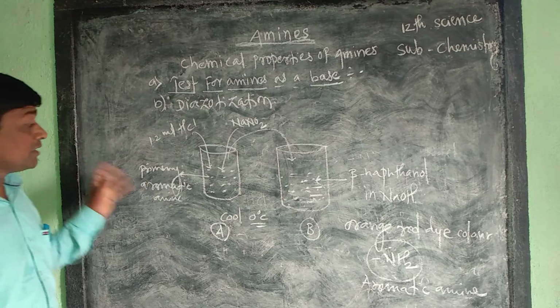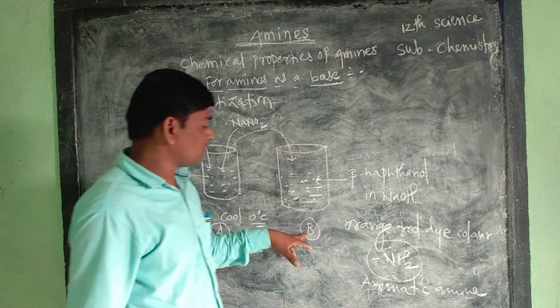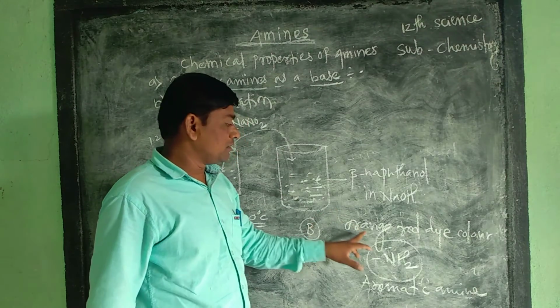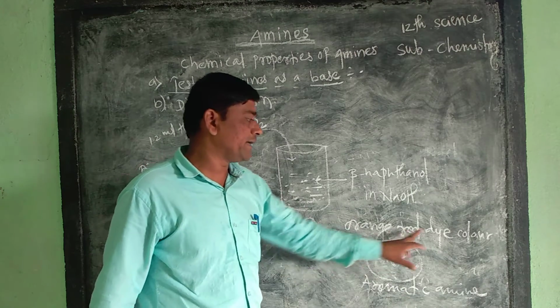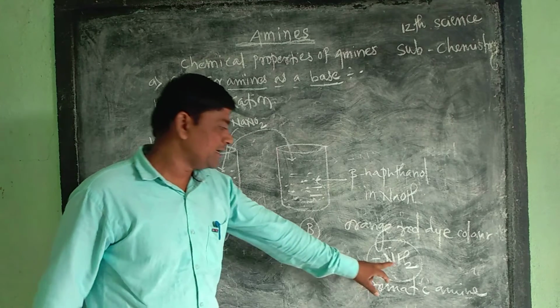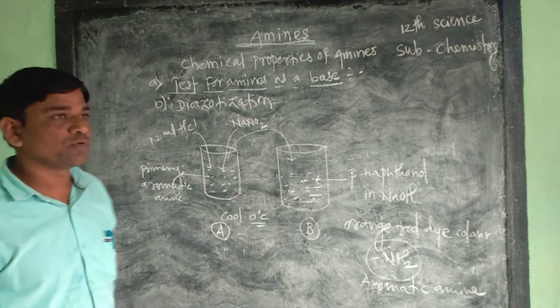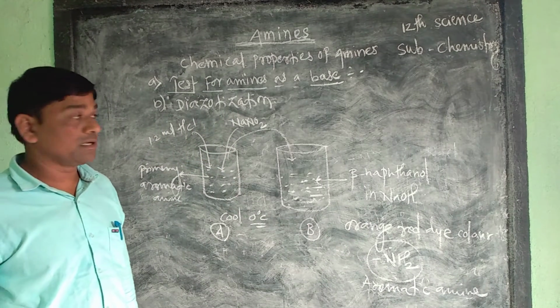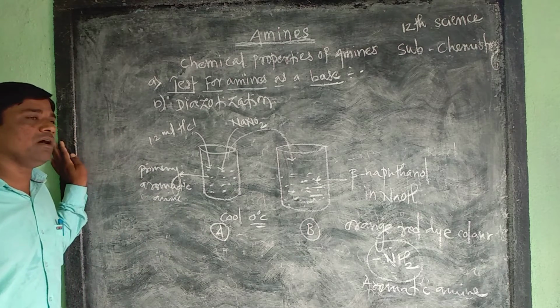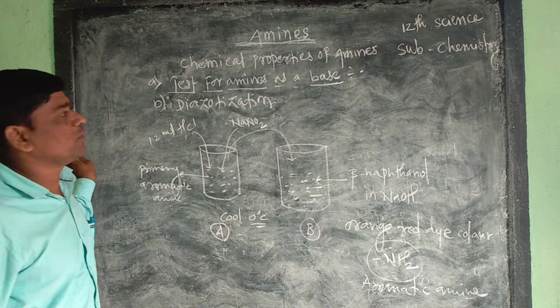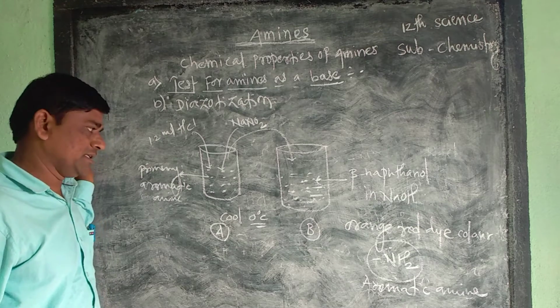But when the solution added to beaker number 2, B, gives the orange-red dye color, that means it contains an NH2 group, and you know the NH2 group is basic in nature, as we have already seen in the test for basicity of amines.